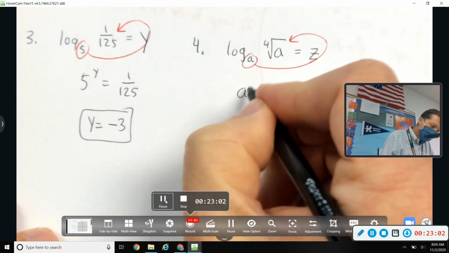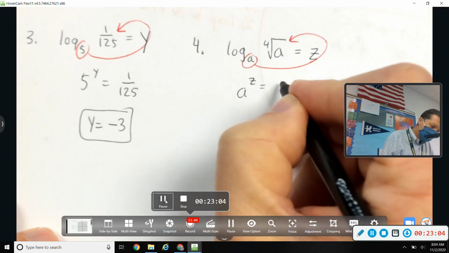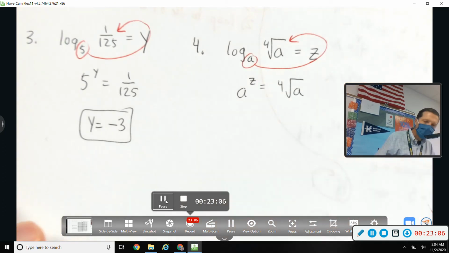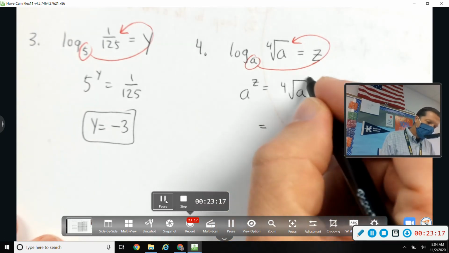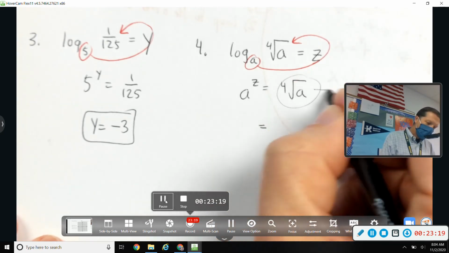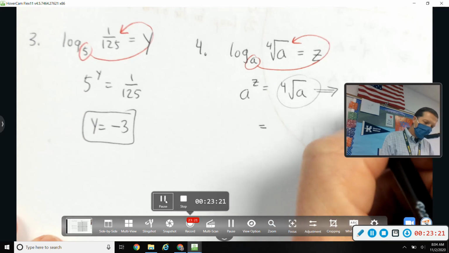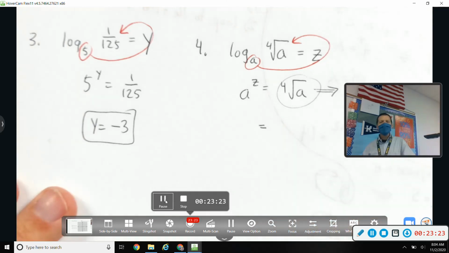So a to the z equals the 4th root of a. Saw that on almost everybody's paper walking around. Then it's like, okay, well this doesn't really match up exactly, except that the 4th root of a, I could rewrite that as a to some power.